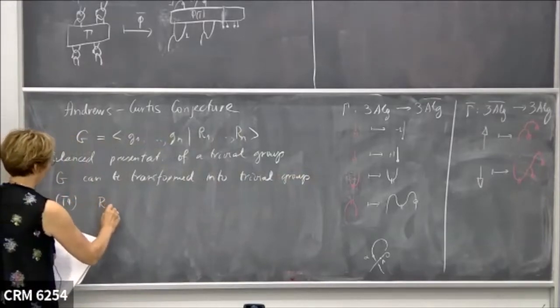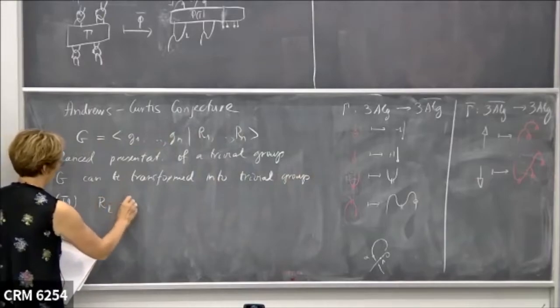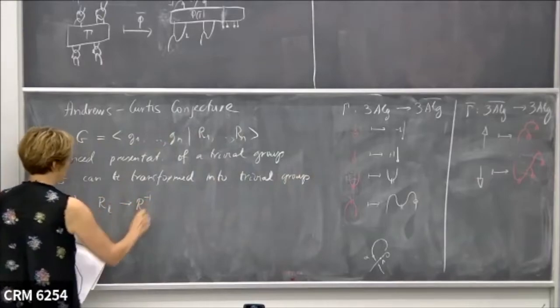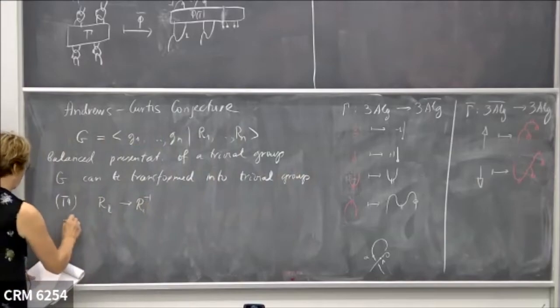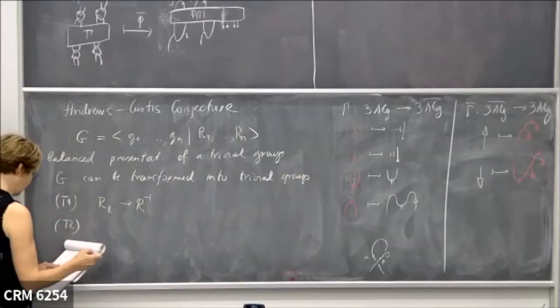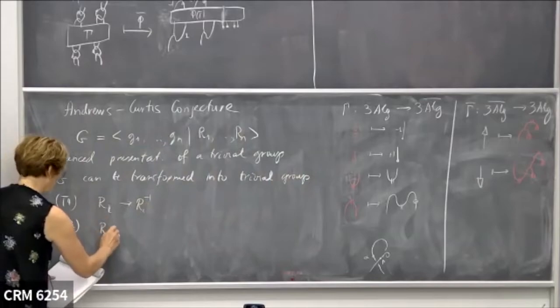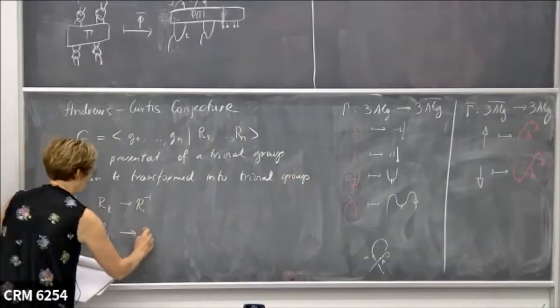What I will allow is to take one of the relations and replace it by its inverse. The second: I take a relation and multiply it by another relation.